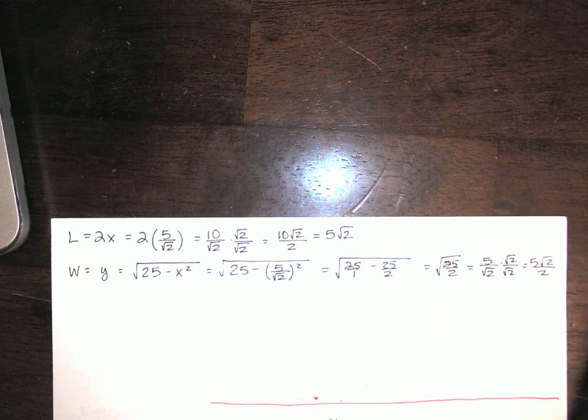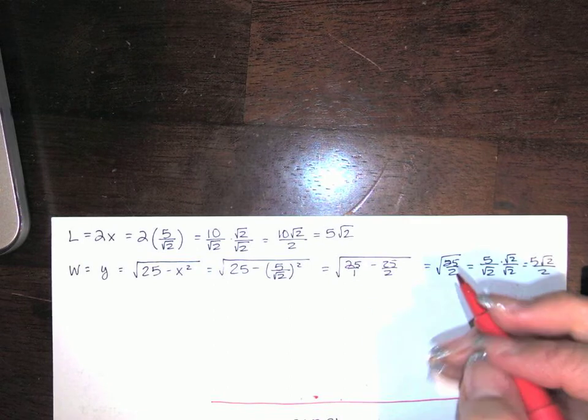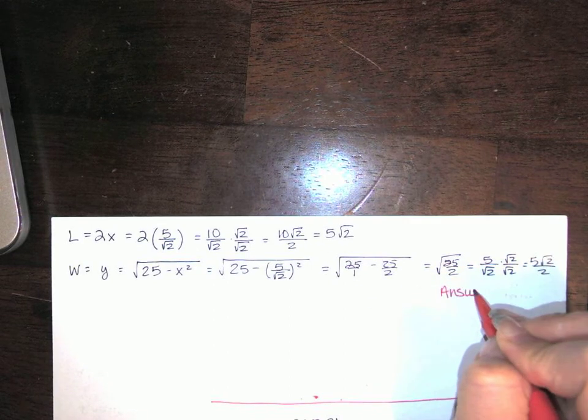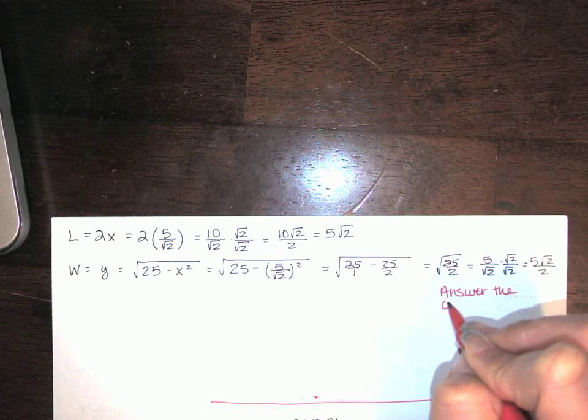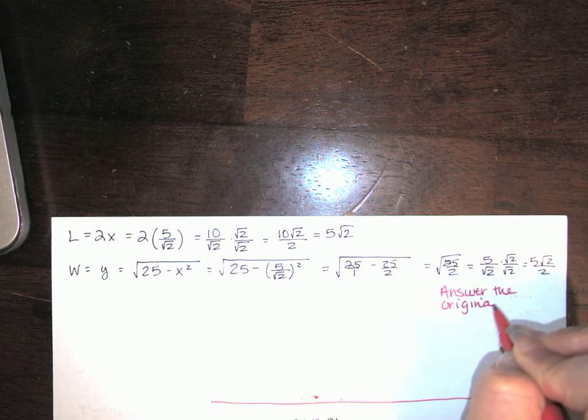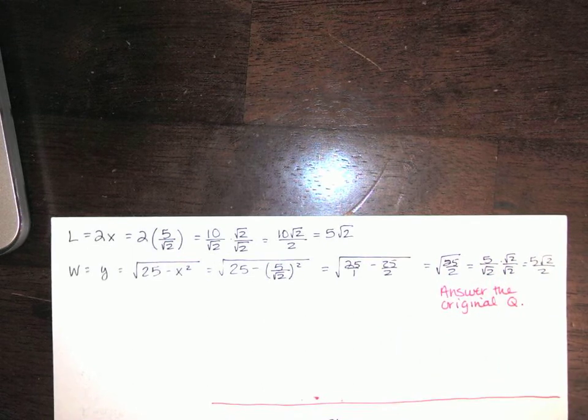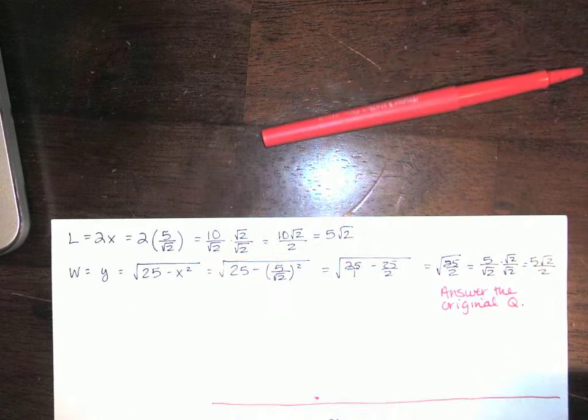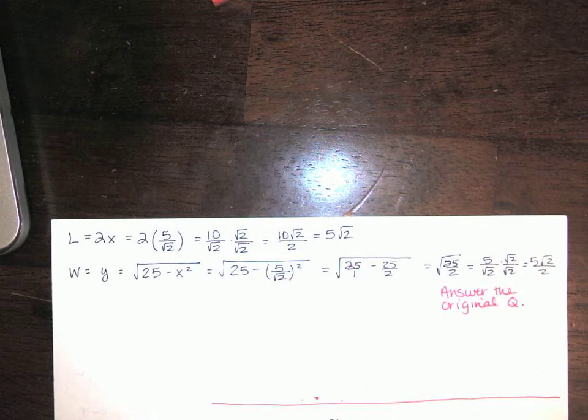Okay, so always make sure you answer the original question. So the original question was, what length and width should the rectangle have so that the area is a maximum?